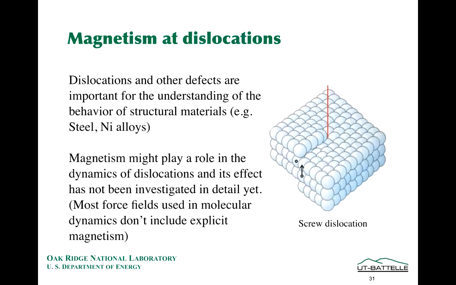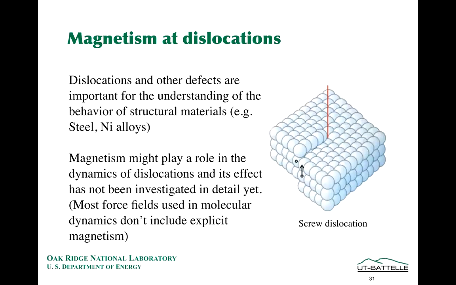Magnetization. So another important contribution to understanding magnetic materials is that crystals are not perfect. So you have defects, dislocations, and they are very important for understanding the structural behavior of materials.